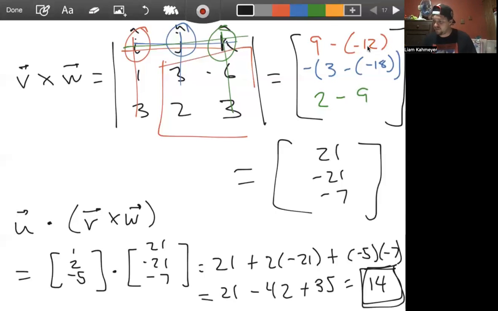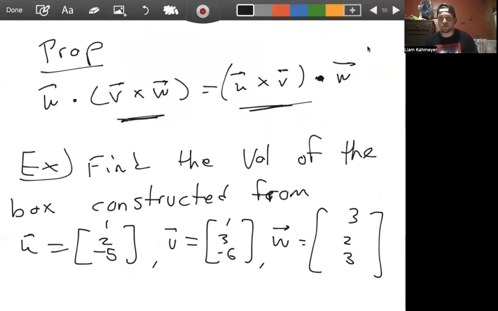And so the volume of the parallelepiped spanned by these three vectors would be 14.